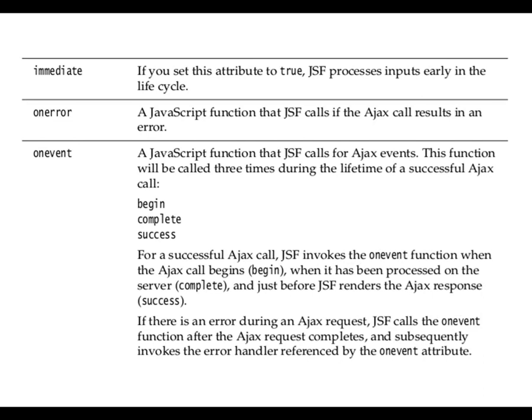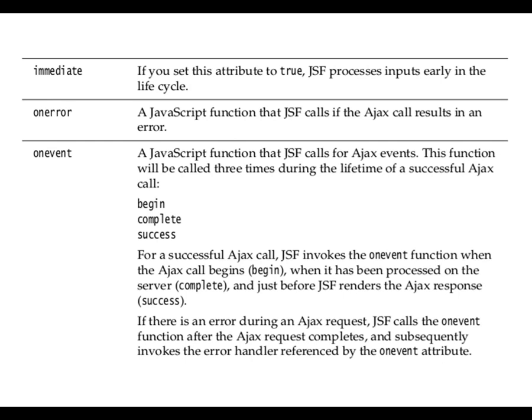Immediate. If you say immediate equals true, it means that you short circuit any other things that would normally happen in the processing lifecycle. So for example, you have two fields, the second of which really depends upon the first one. When the error comes up, if you say immediate equals true, it will catch the first one right away without ever letting you go, even if the second one is wrong.